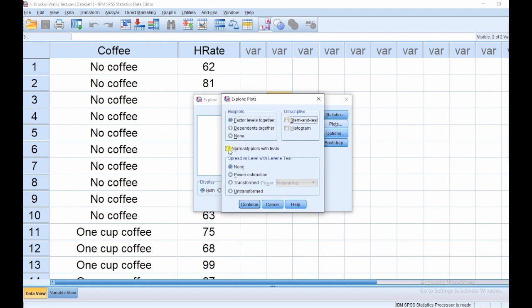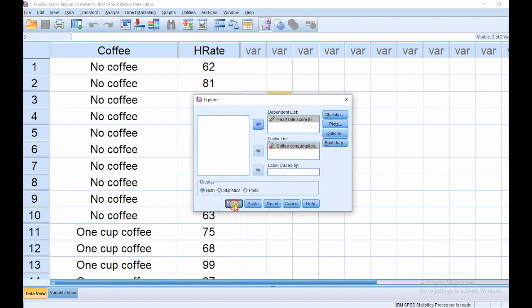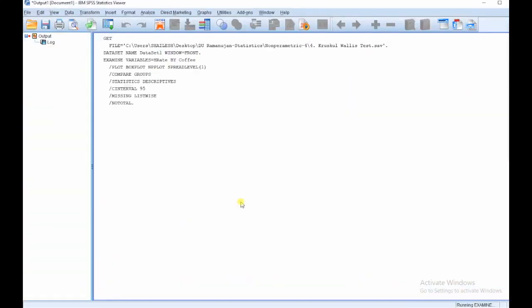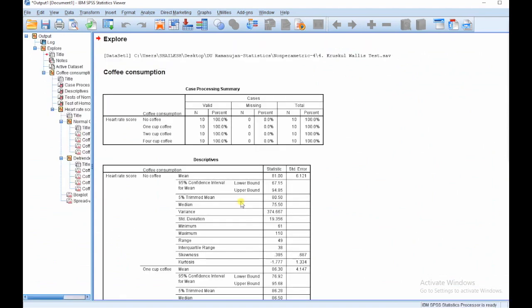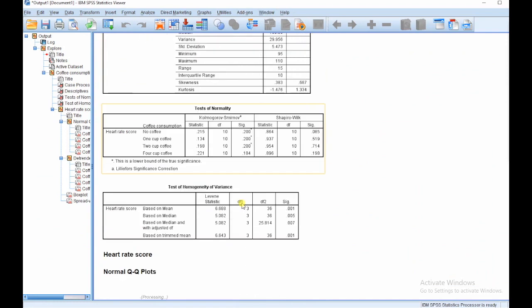So the KS test for normality, and Levene for homogeneity. I am applying the KS test and Levene test for homogeneity, and then continue.